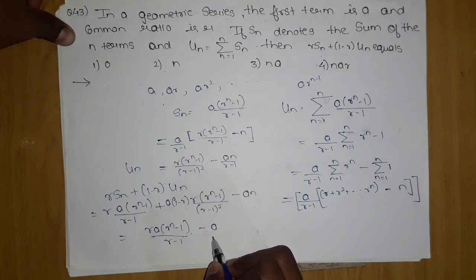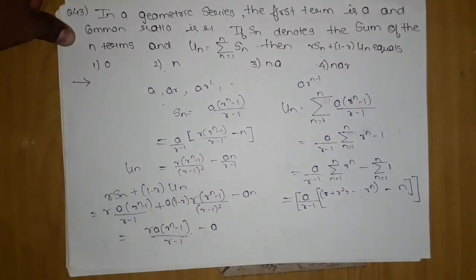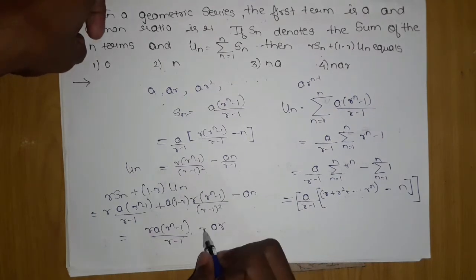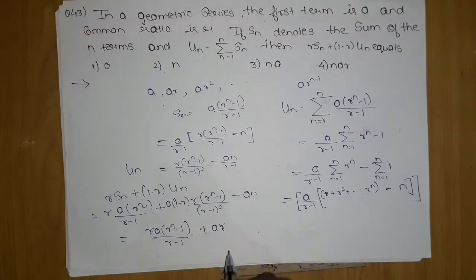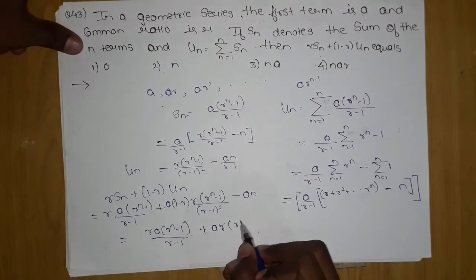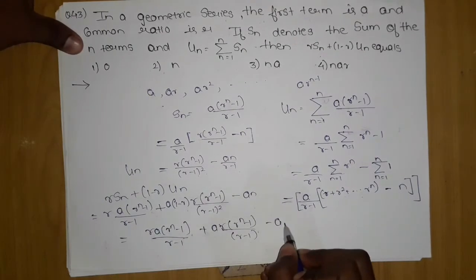so a into r plus a into r. A into r power n minus 1 upon r minus 1 will be left, minus an.